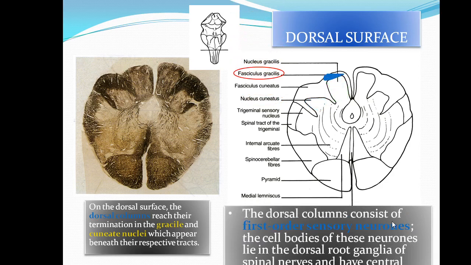The dorsal column consists of first order sensory neurons. The cell bodies of these neurons lie in the dorsal root ganglion of the spinal nerve and have central processes that ascend.